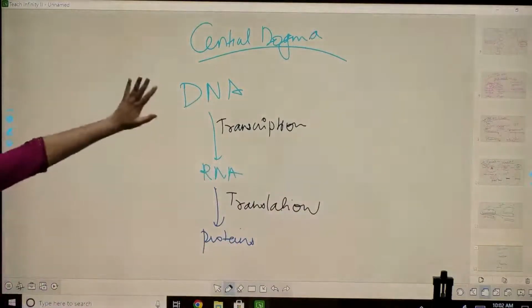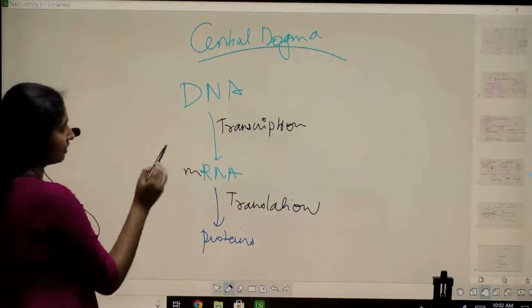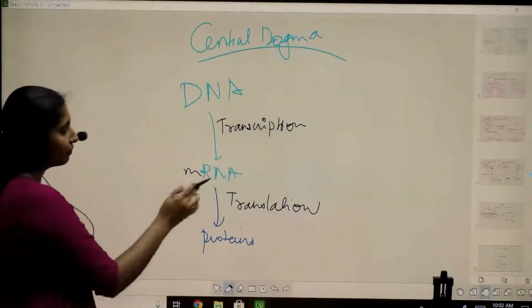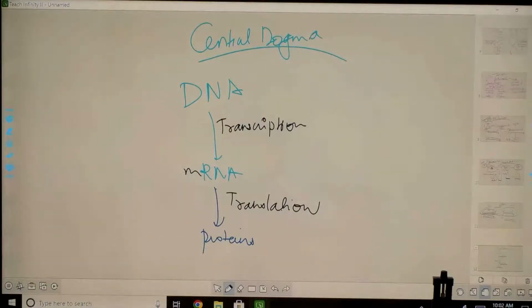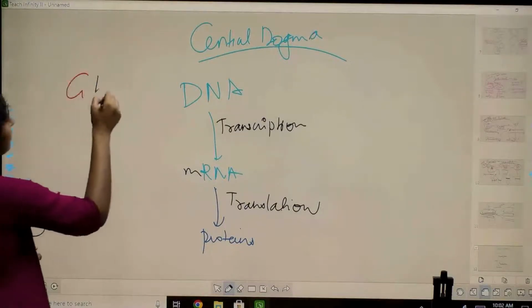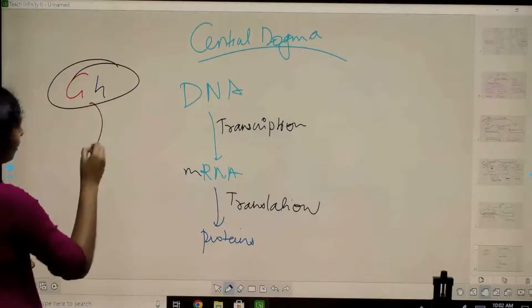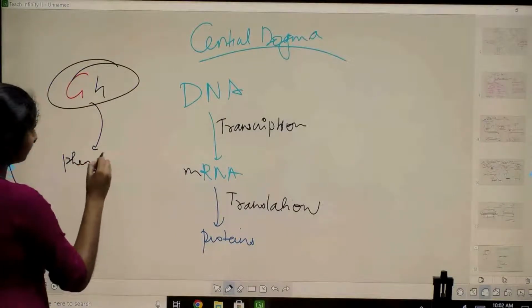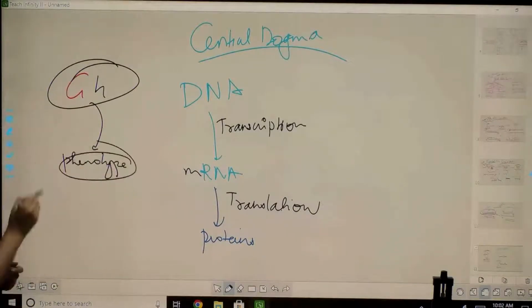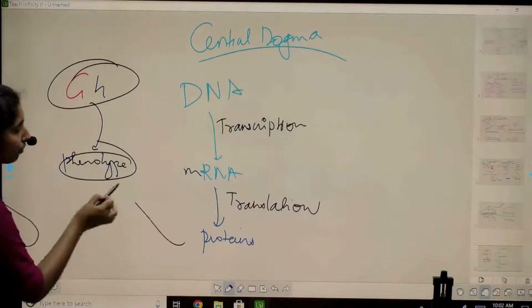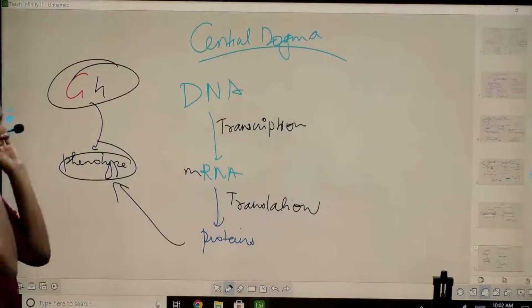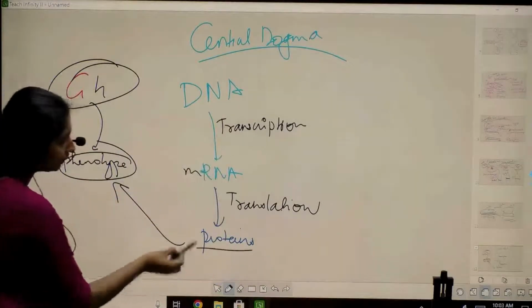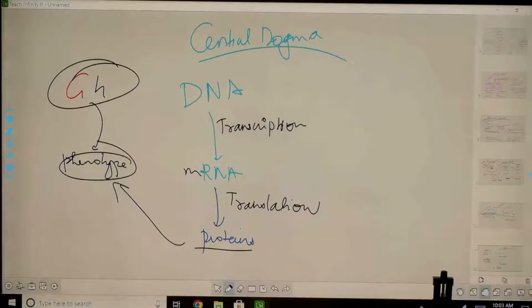So from DNA, a messenger RNA is synthesized in the process of transcription, and from your RNA, proteins are finally made. Okay? So that is how we learned in genetics that the DNA was able to express itself, right? What we saw in genetics is that a particular genotype was giving rise to a phenotype. And what is responsible for that phenotype? A particular protein, right? So how is a particular DNA able to express itself? A DNA expresses itself in the form of a protein that does some function to produce a phenotype. Okay.